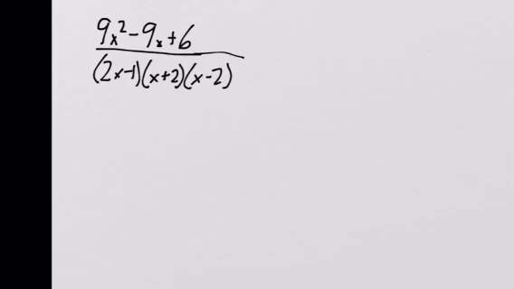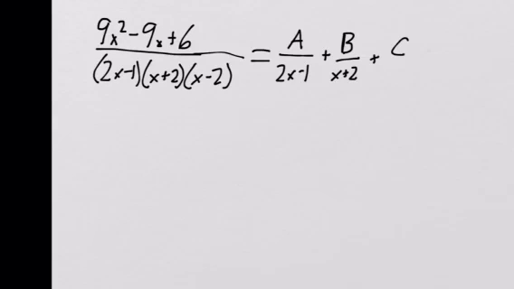So what we want to do with this is write it as a sum of fractions. So that can be A over (2x minus 1) plus B over (x plus 2) plus C over (x minus 2).